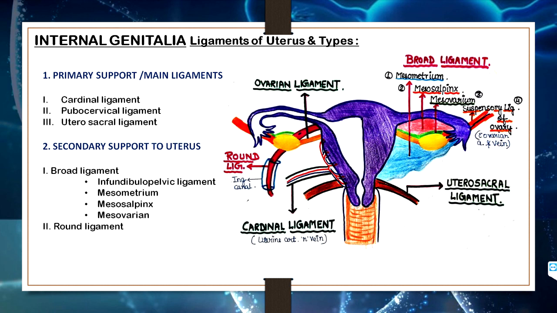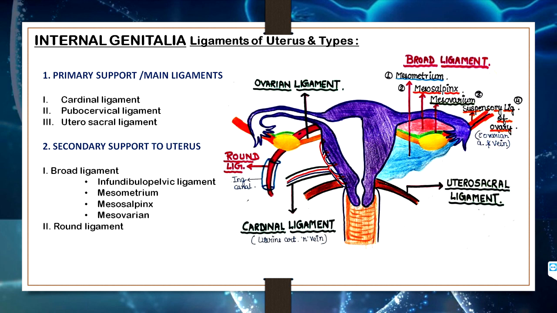Second is the secondary support to the uterus. These ligaments are not true ligaments. The broad ligament and the round ligament are not true ligaments. They only provide secondary support to the uterus.